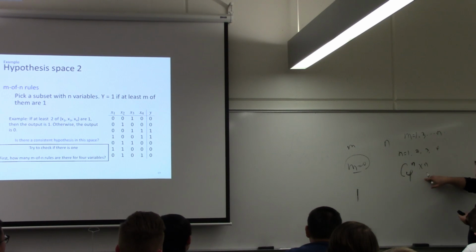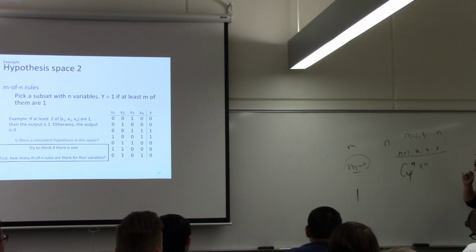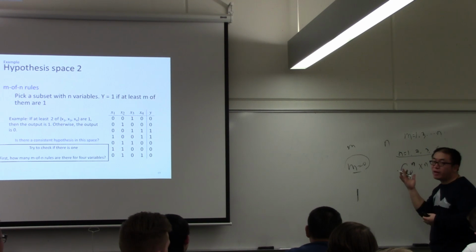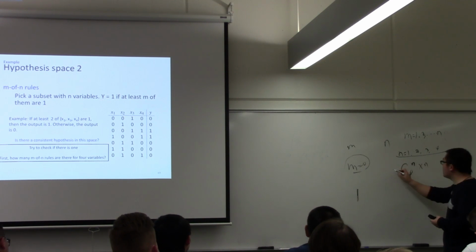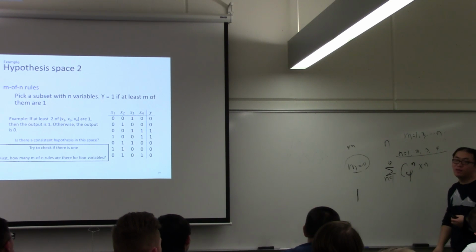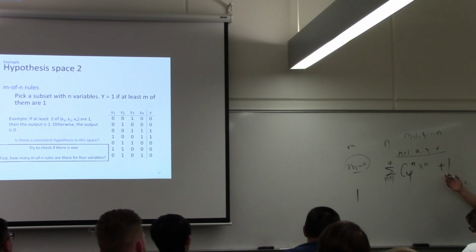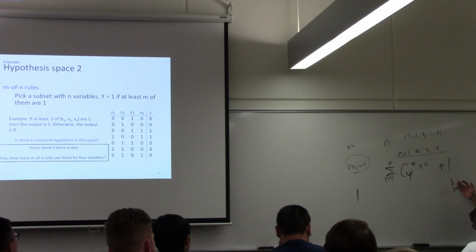So this is for one specific n, and because n can range over 1, 2, 3, 4, to calculate the total number of M of n rules, we just sum over n equals 1 to 4, right? And finally, we add the case that m equals 0, because m equals 0 corresponds to all true.